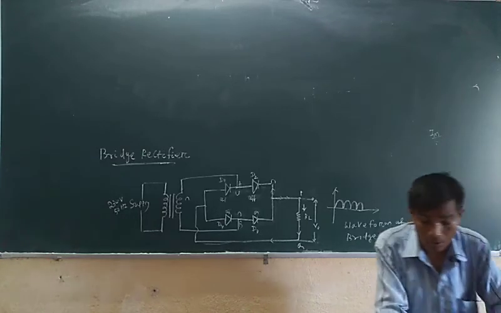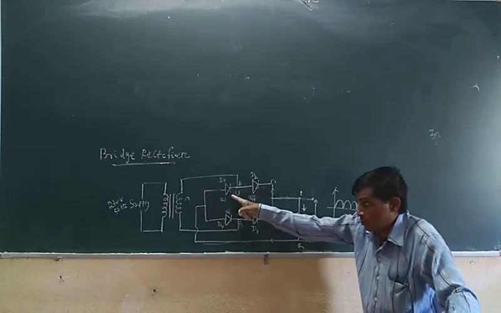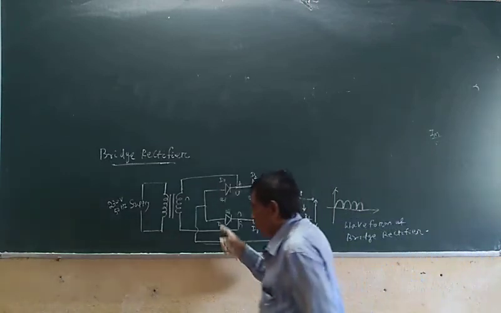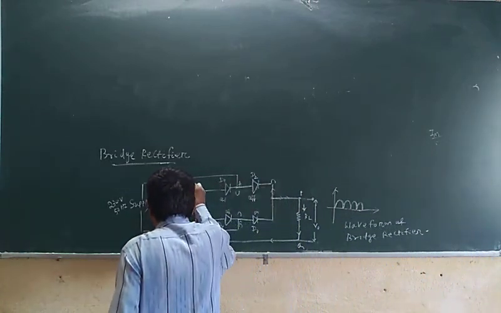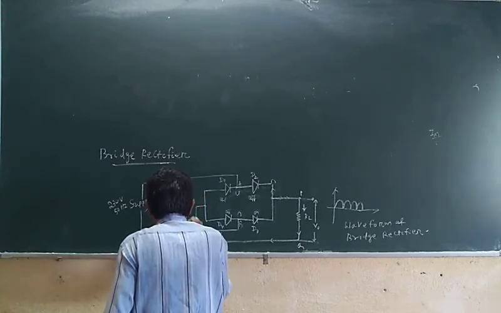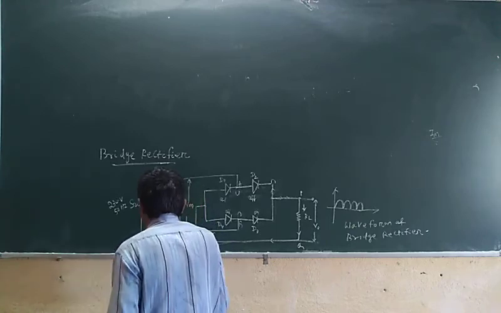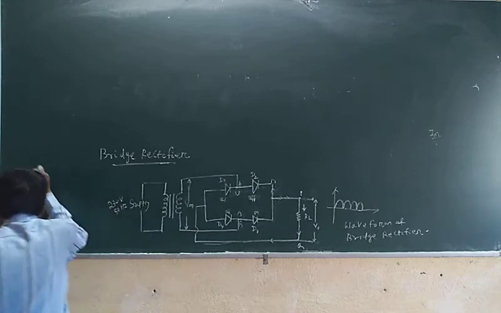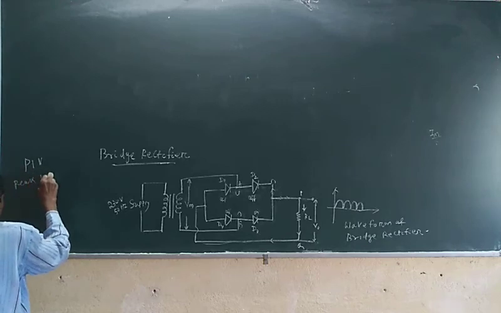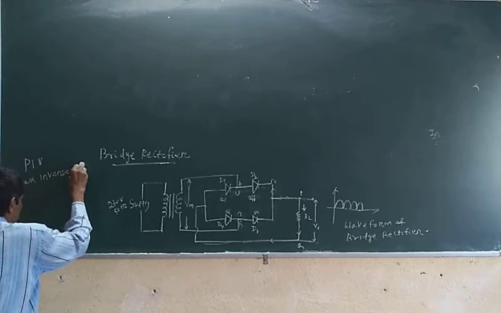Now VM, the peak inverse voltage of diodes D1, D2, D3, D4, the peak inverse voltage of a full wave bridge rectifier circuit. Now the transformer secondary voltage is also known as VM. So PIV means peak inverse voltage.